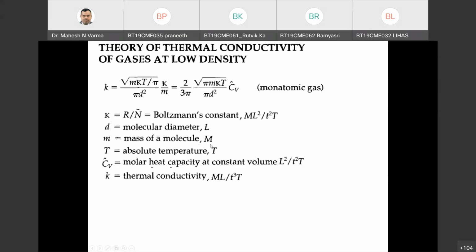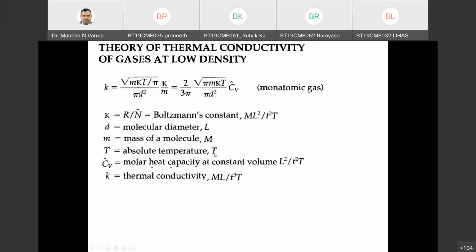What is the mass of the molecule? M stands for the dimension of mass, L for the dimension of length.